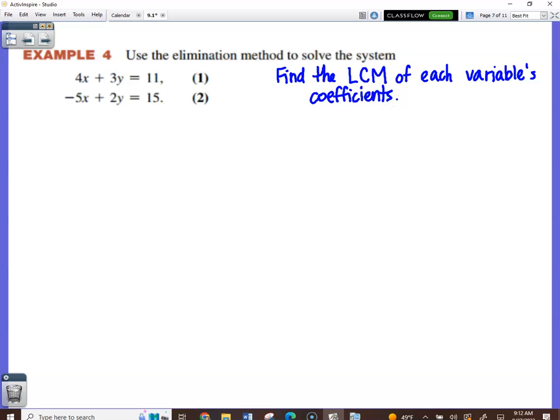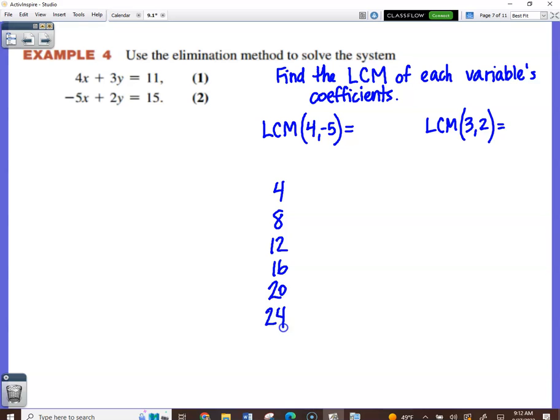So looking at x, we need the LCM of 4 and -5. Looking at y, we need the LCM of 3 and 2. LCM, least common multiple, which means if you sat down and you listed all the numbers that 4 divides into, it'd be 4, right? Starts with itself. It has to divide into it. 4, 8, 12, 16, 20, 24, 28, and so on.